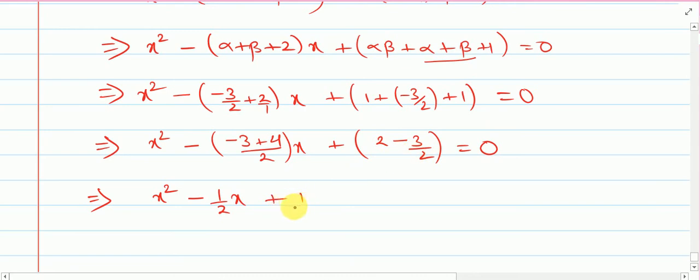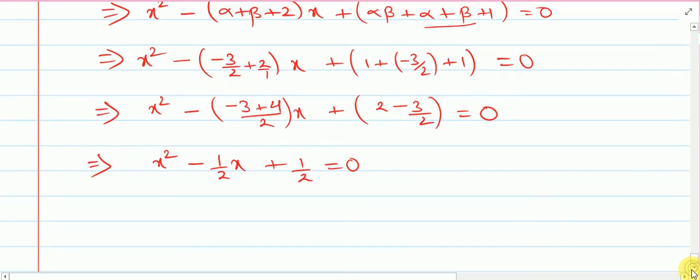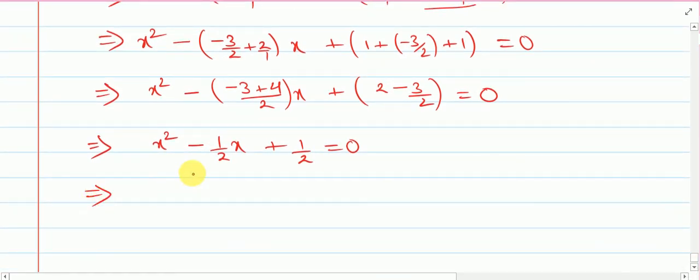So half equal to 0. Now what you can do is multiply throughout by 2 to get rid of this 2 from the denominator. So I can multiply by 2 throughout, so this is the required quadratic equation.